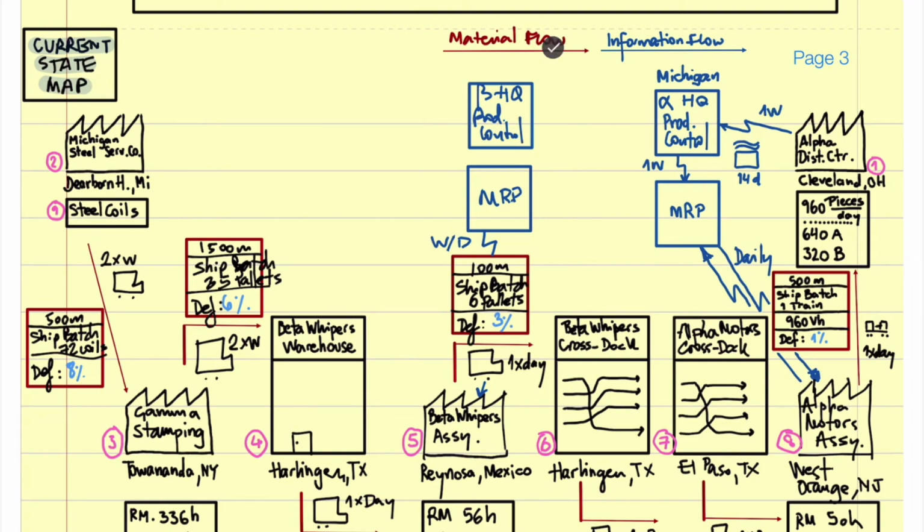We have this in Cleveland, Ohio, Michigan. And here we have an inventory of 6 days. They communicate once a week.